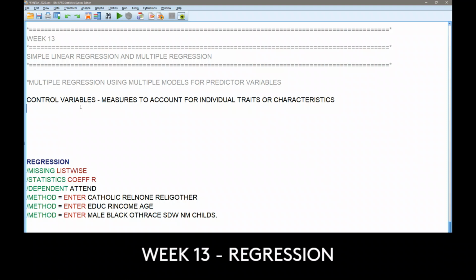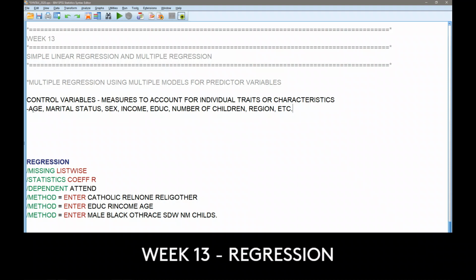Some of the control variables that we had mentioned were the standard ones like age, marital status, sex, income, education, number of children, even region, etc.